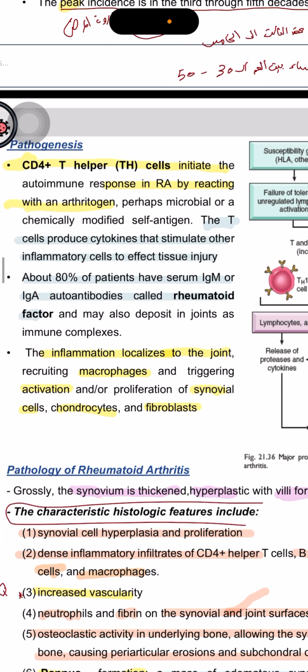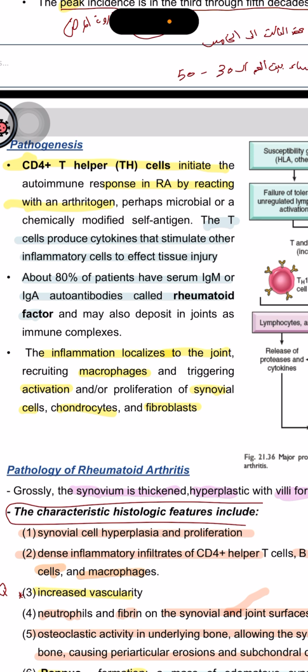So see here, CD4 initiates this reaction. T cells produce cytokines to stimulate inflammatory cells.